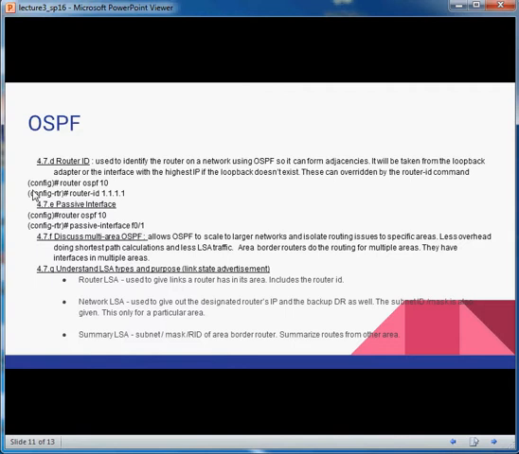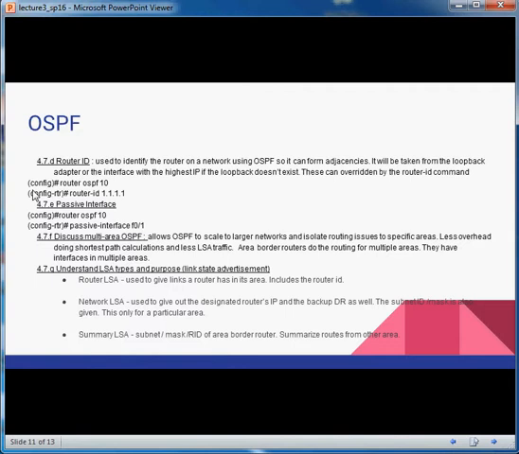It's just given over to the DR, the designated router, as well as the backup DR. So they are in charge of it, but the DR is the one that does the work, until the backup DR has to take over.